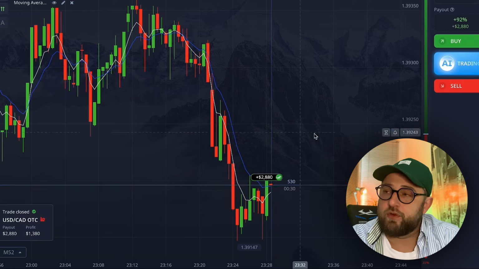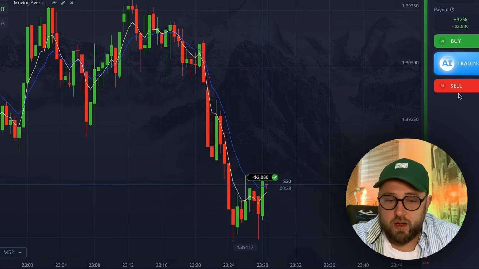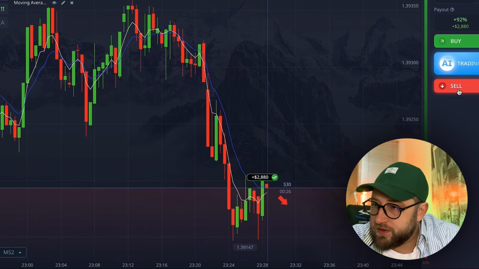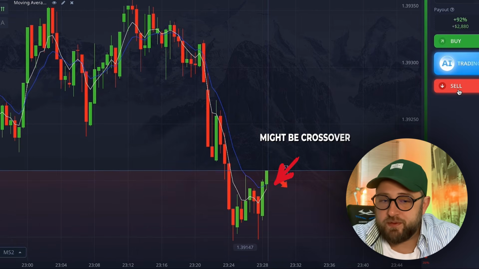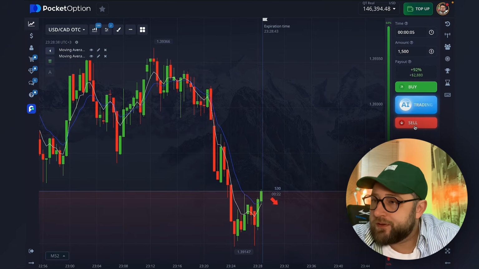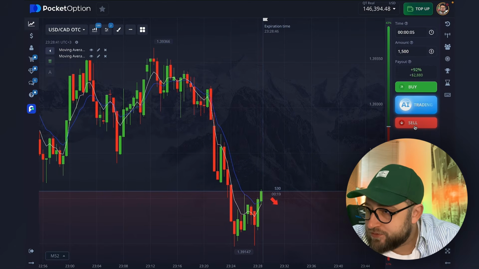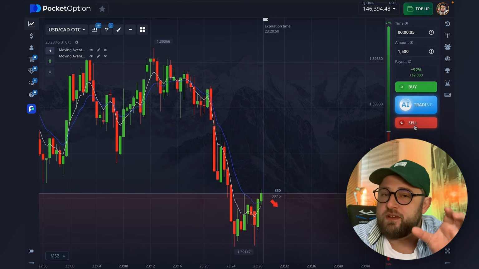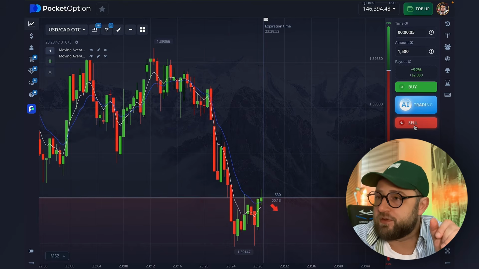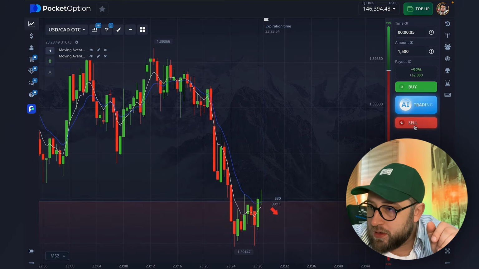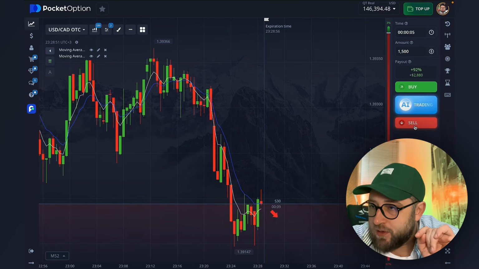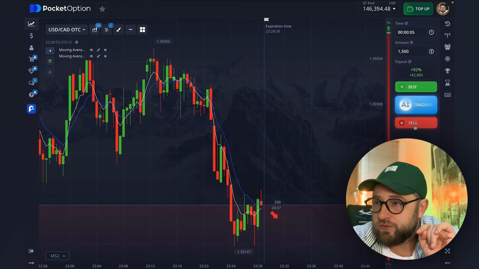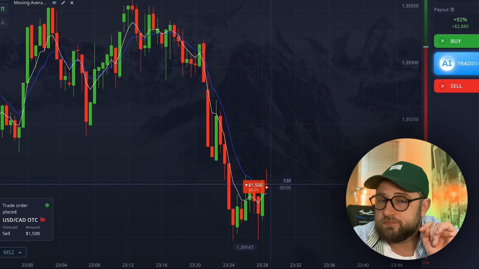Boom, profit. Good. The thing is that the crossover already happened, and we need to trade again, but don't be confused by these green candles, because we know the big candle is orange. So, last 5 seconds, wait, 3, 2, 1, open.